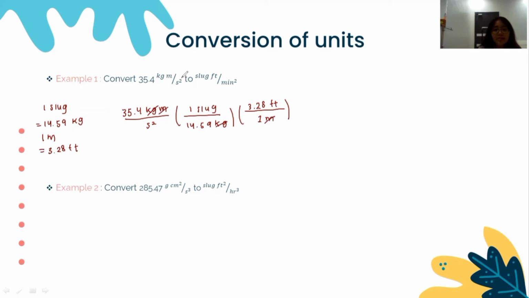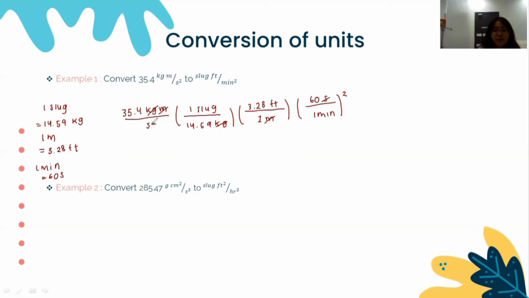And lastly, we need to convert second squared to minute squared. 1 minute is equal to 60 seconds. So in order to cancel the second out, we put the second above and the minute below. And don't forget to put squared, because in here we have squared.